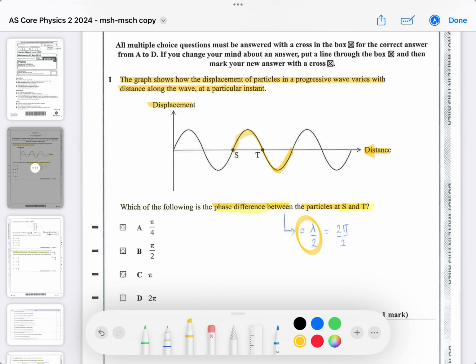A full cycle is 2 pi, and it's half a wavelength, so you divide 2 pi by 2, and therefore the answer is pi. So you want to put your X in C.